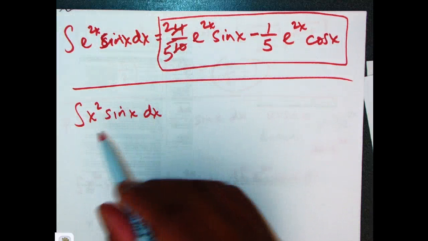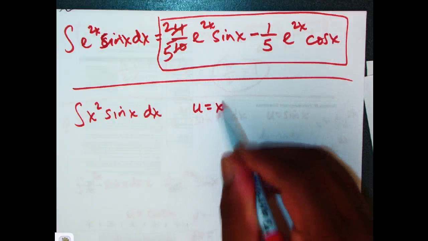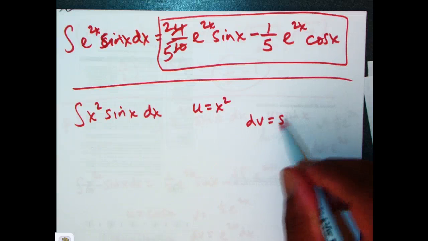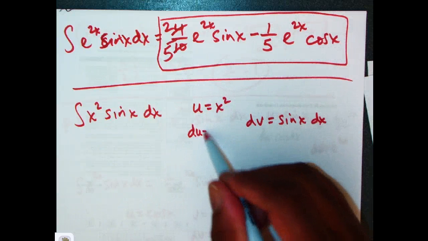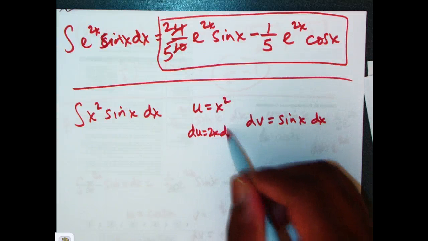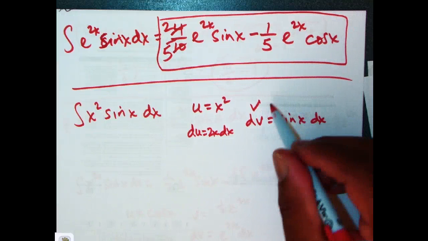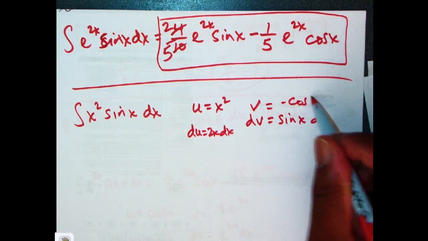So here, because algebra comes before trig, we're going to let u equal x squared. dv is sine of x dx. du is 2x dx. And v, the integral of sine of x, is negative cosine of x.